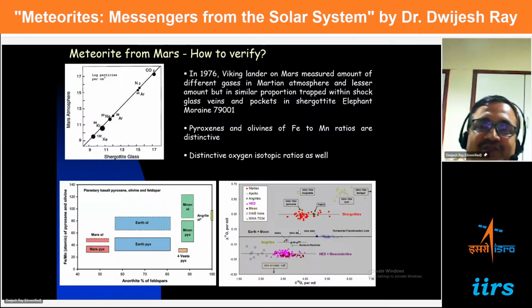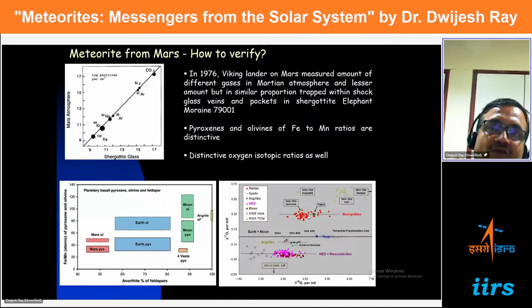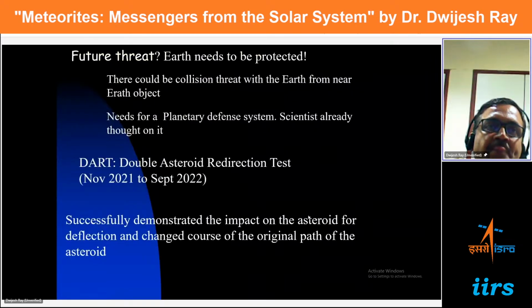This entire story is based on oxygen isotopes. But if you see other bodies, their oxygen isotopes are dissimilar and distinct. So this is one way we can verify which particular body a meteorite has come from.